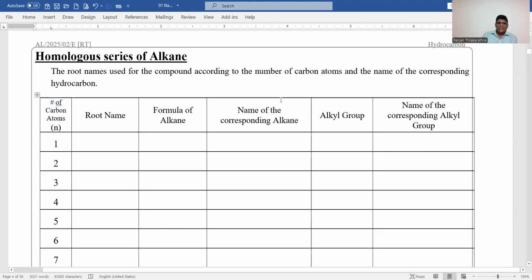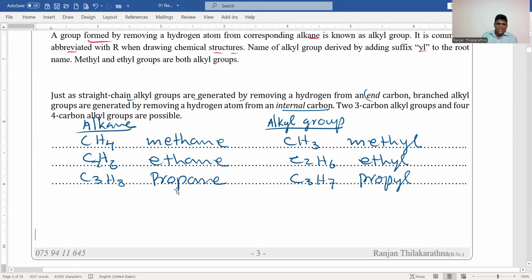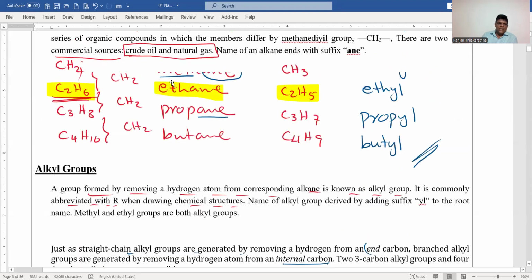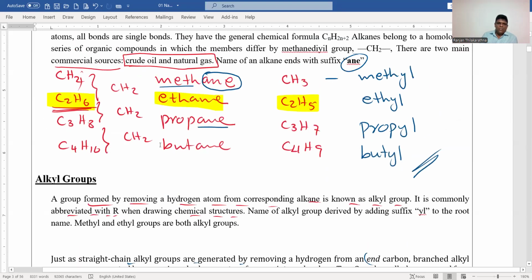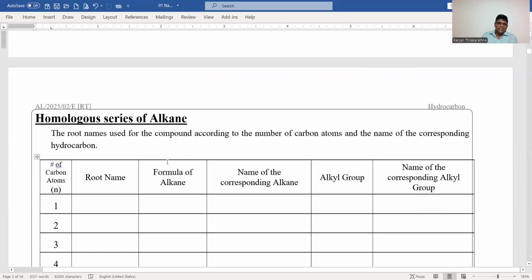I use these names: meth, eth, prop, and but in naming these compounds. Those names I took depending on the number of carbons present in those compounds. So the homologous series is something like this.